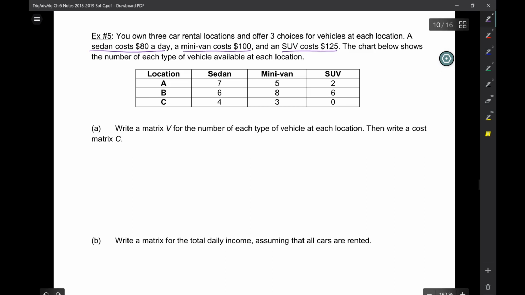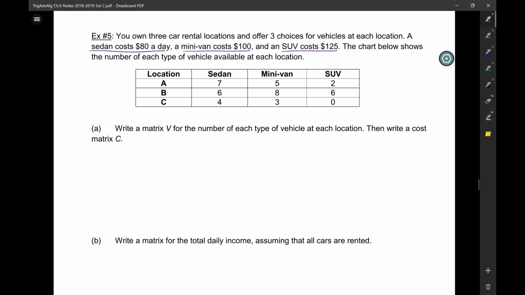So in your first location in the valley, you have 7 sedans, 5 minivans, 2 SUVs. You have another location in the city, you have 6 sedans, this many minivans, and that many SUVs, and then you have a third location somewhere that we don't know, okay? So, Arcadia. You only have 4 sedans in Arcadia and no SUVs because nobody goes there.